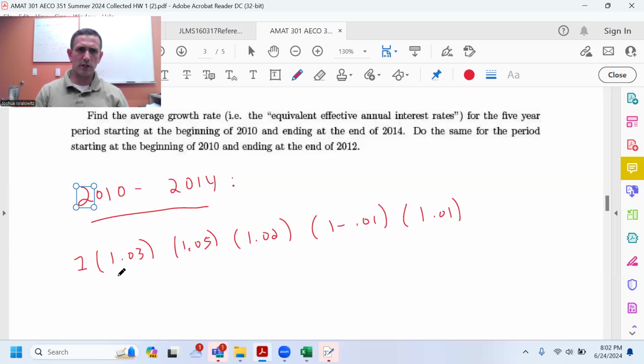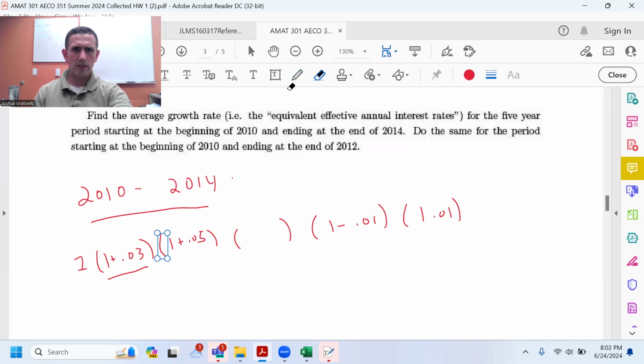So this is really, if it helps, kind of annoying to do this, but if it helps, this is 1 plus 0.05. One plus 0.02, et cetera, et cetera.